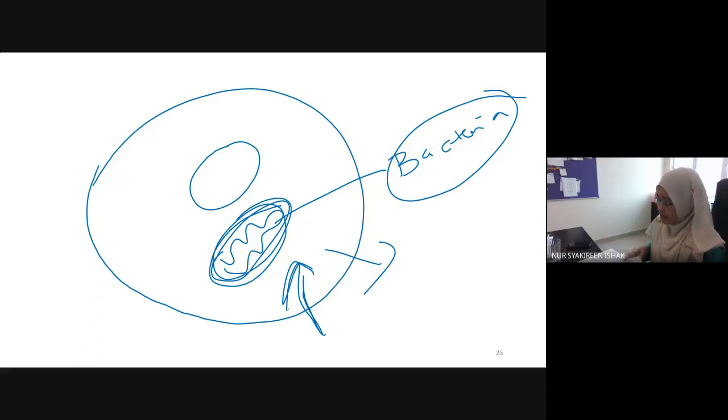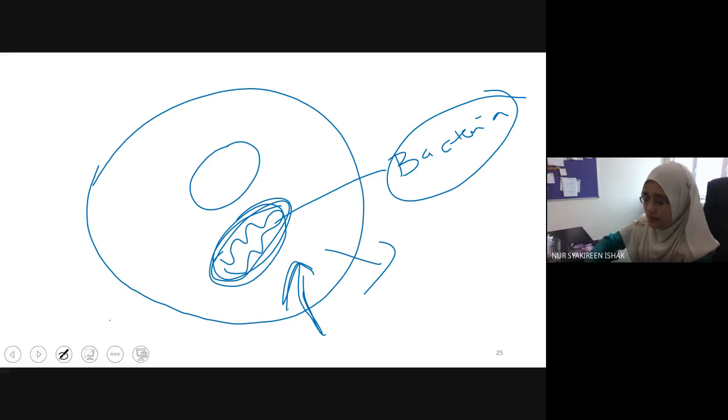So siapa yang percaya evolution percayalah. Apa soalan awak tadi? Kalau prokaryotik boleh jadi eukaryotik? Tak adalah macam tu. Kalau tak sekarang ni bakteria jadilah binatang ke macam tu kan. Faham ke? Faham.